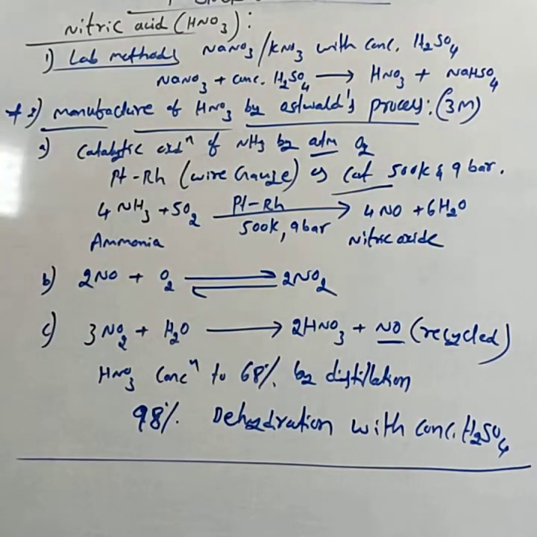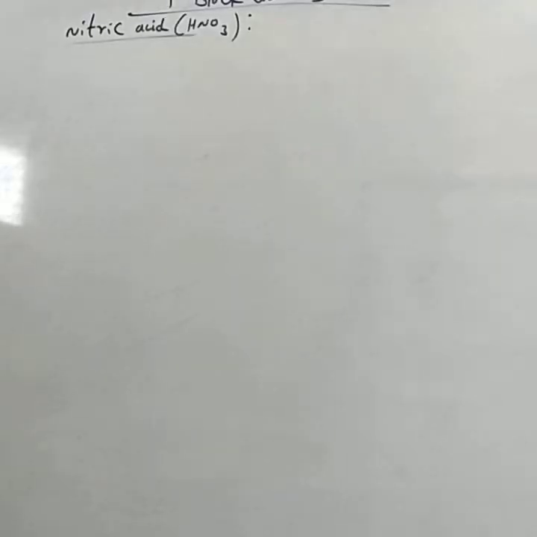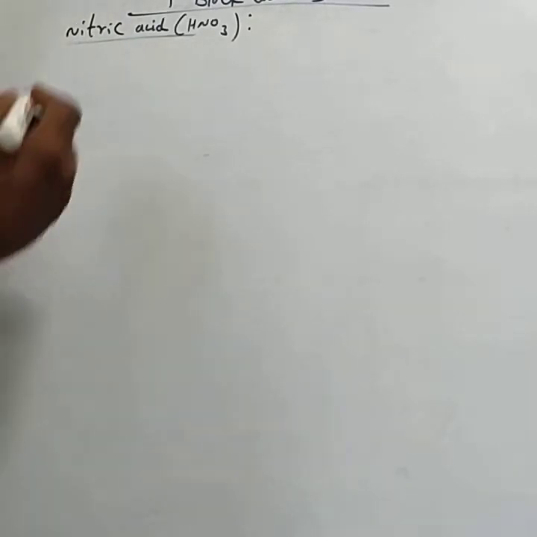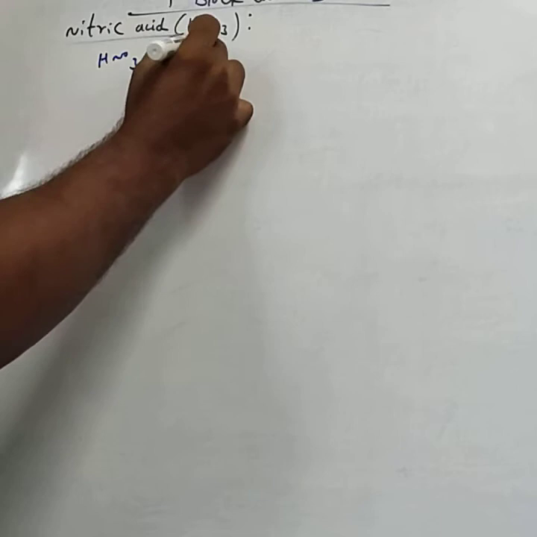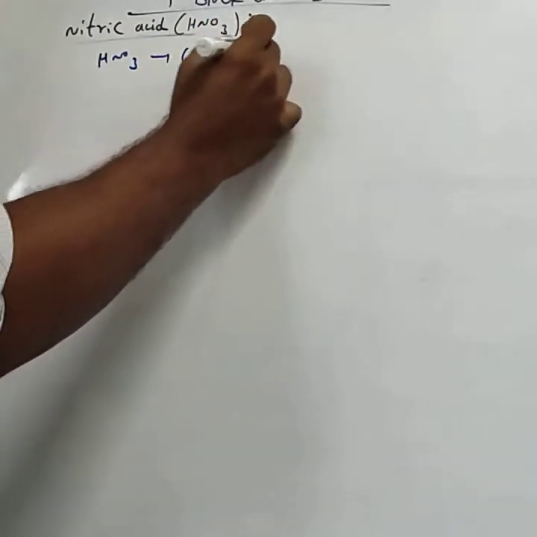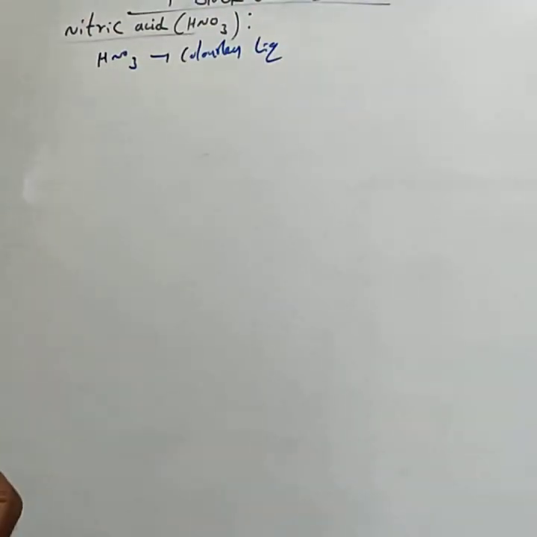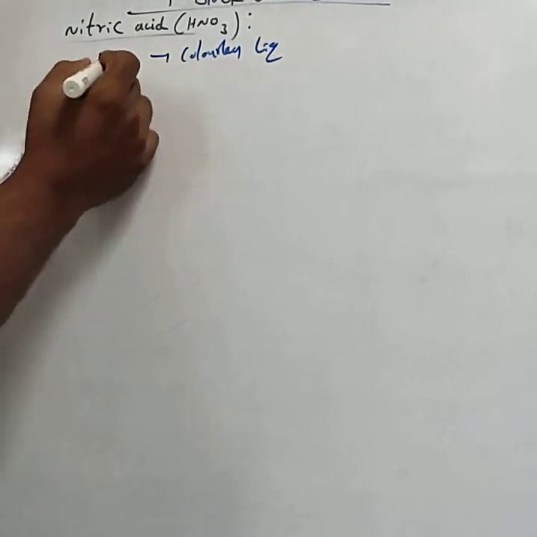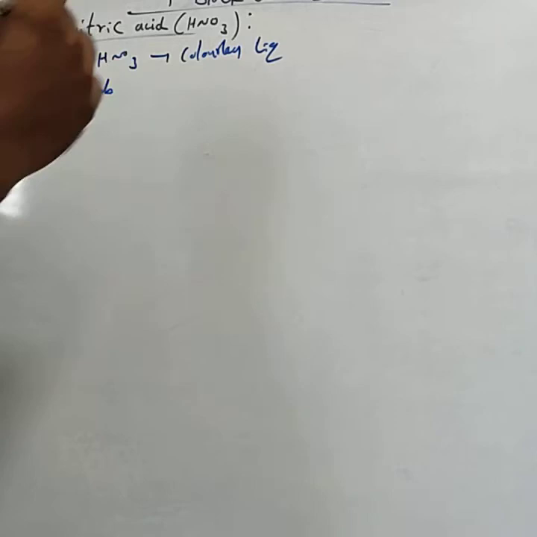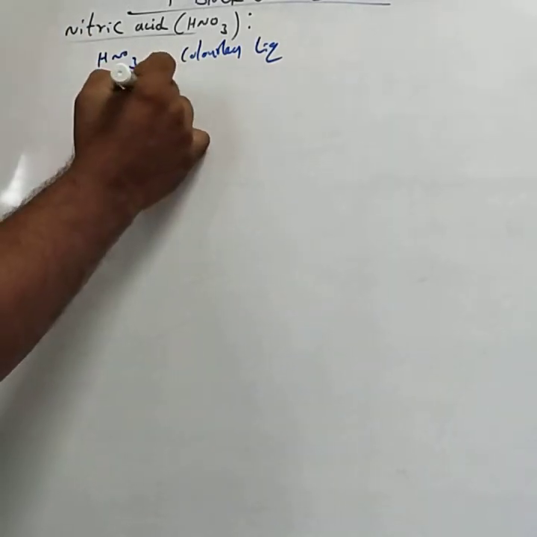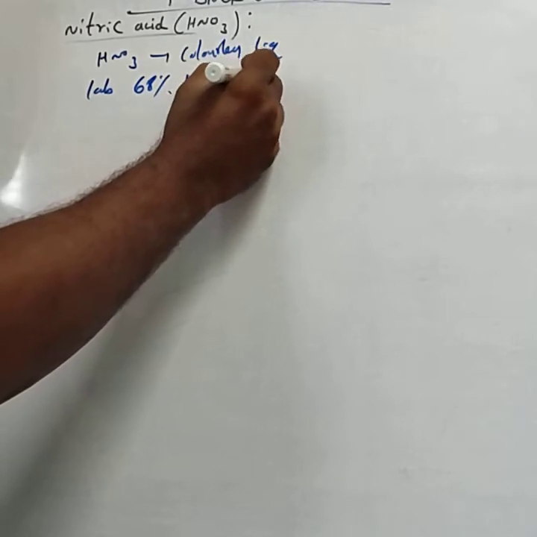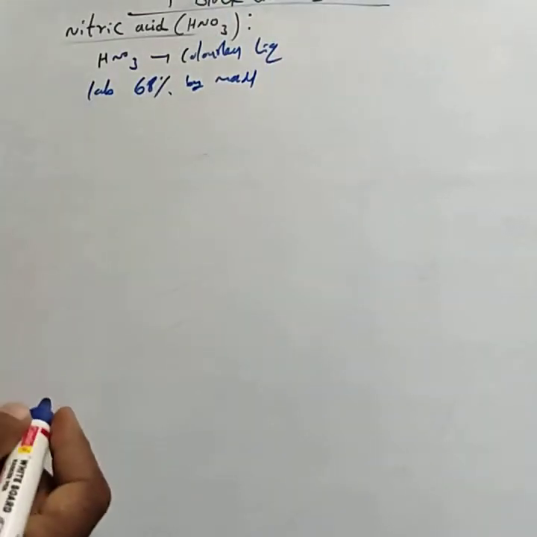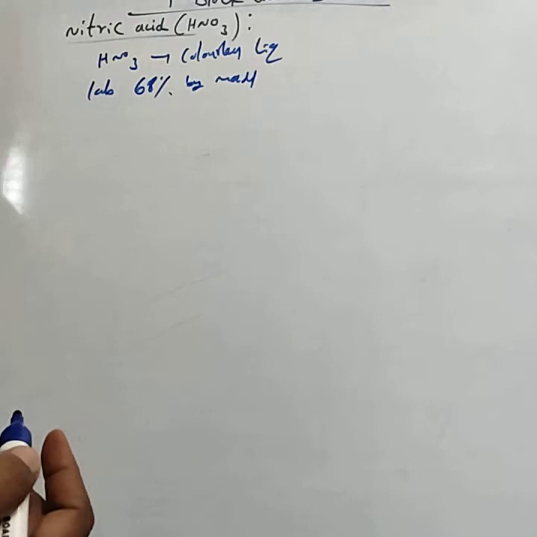Next we study the properties. Physical properties: nitric acid is a colorless liquid. Laboratory grade HNO3 contains 68% by mass.